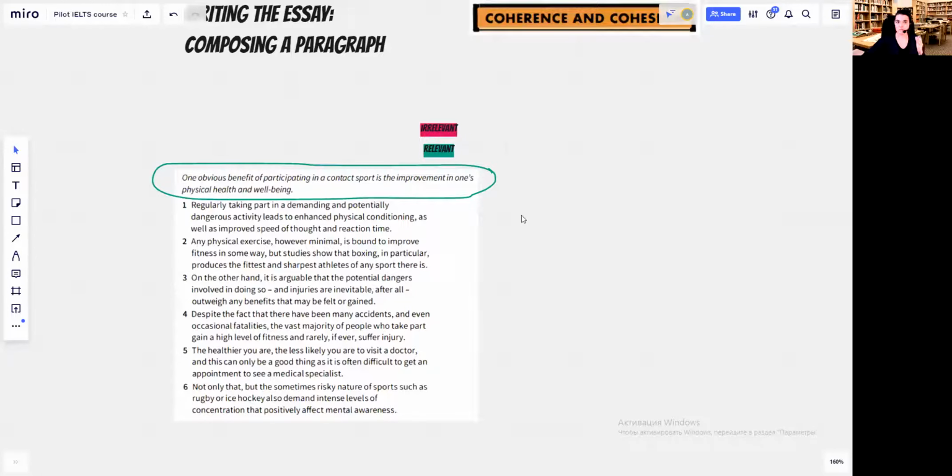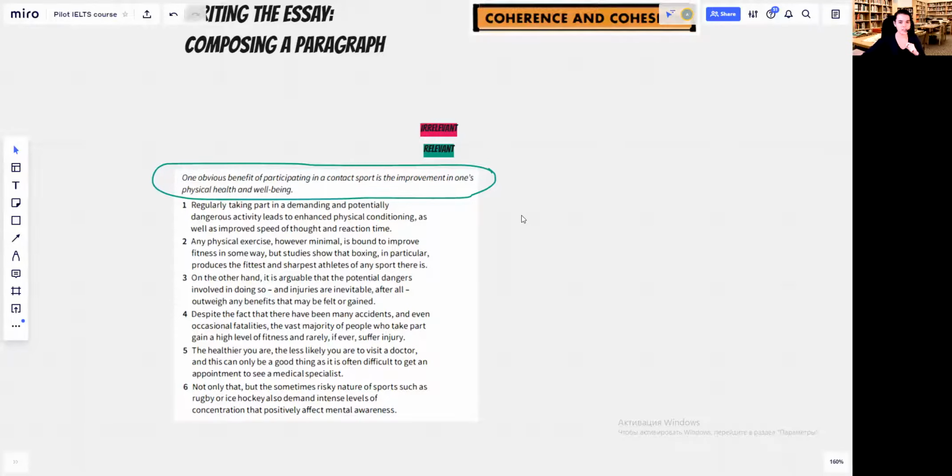If you'd like to do it with me, let's look at them together. So the first way of developing the idea says, regularly taking part in a demanding and potentially dangerous activity leads to enhanced physical conditioning, as well as improved speed of thought and reaction time.